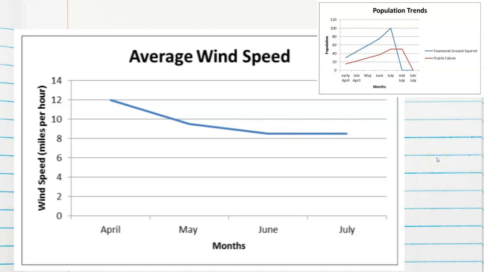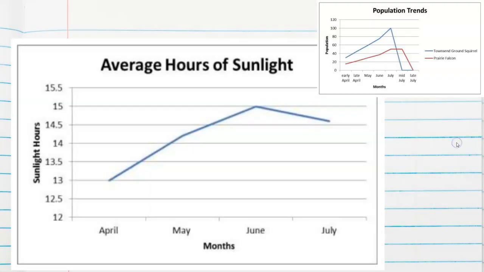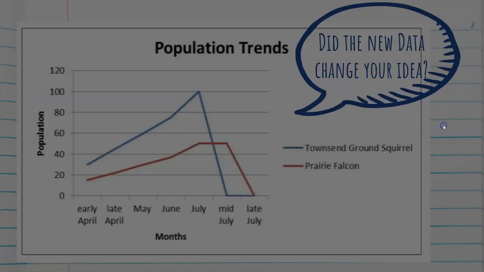So it's windy, but it's not drastically windy, and it's not super calm. And then we have our hours of sunlight. Hours of sunlight are increasing, and then slight decrease here, and then just a little bit of a decrease there. Okay, remember, here's our original graph with our squirrels and falcons.